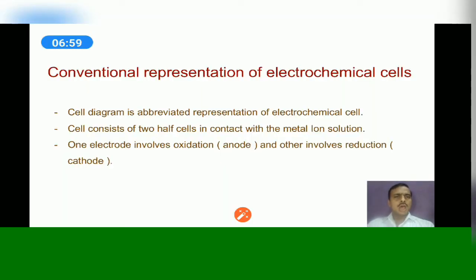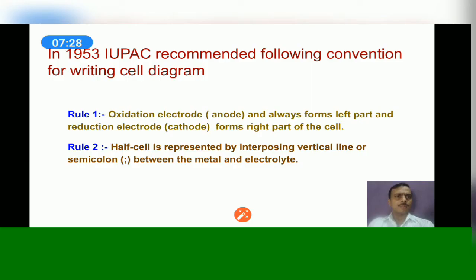Now we have to represent the electrochemical cell in a conventional representation. This cell diagram is an abbreviated representation of the electrochemical cell, which consists of two half cells in contact with the metal ion solution. One electrode involves oxidation at the anode and the other involves reduction at the cathode.